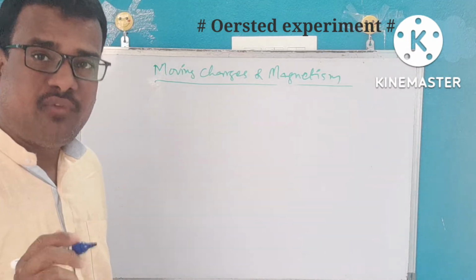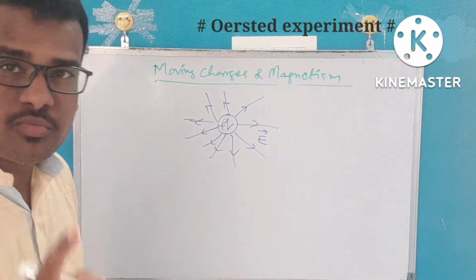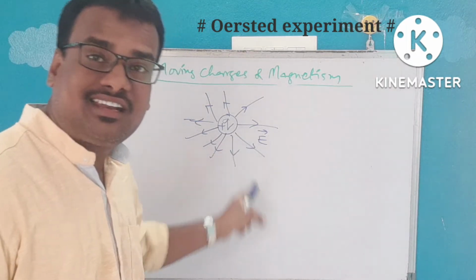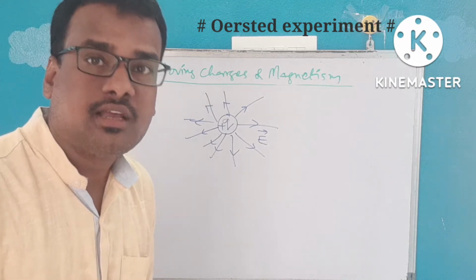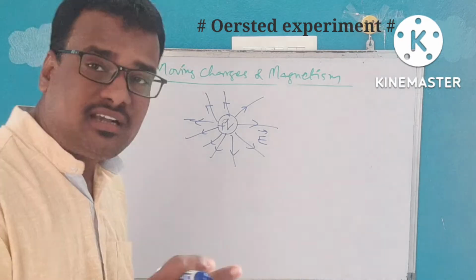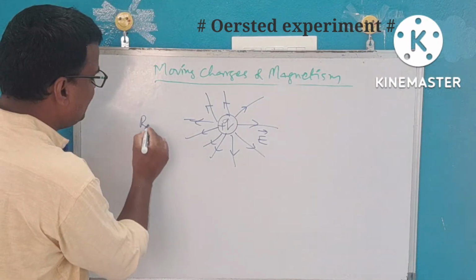Whenever the charge is at rest, an electric field is generated everywhere in its surroundings by the charge.